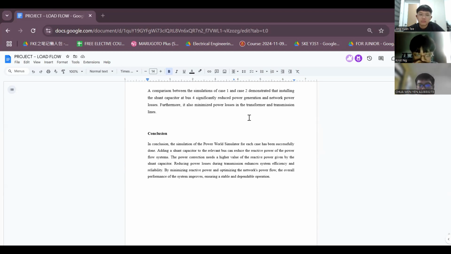The power correction needs a higher value of reactive power from the shunt capacitor, reducing power loss during transmission, and enhancing system efficiency and reliability by minimizing reactive power and optimizing the network power flow. The overall performance of the system improves, ensuring stable and dependable operation.